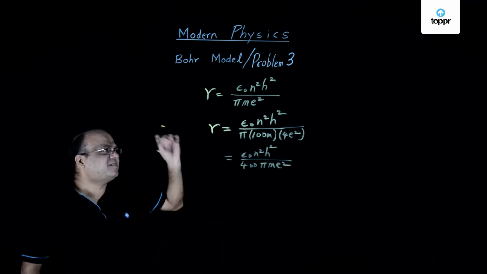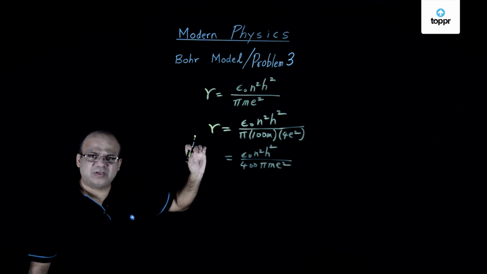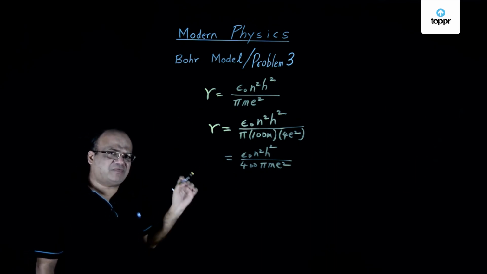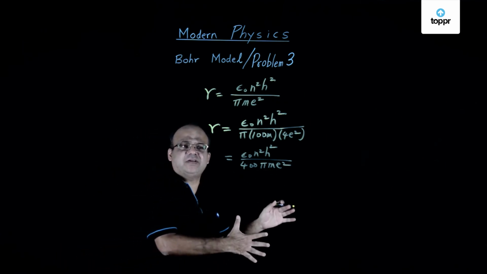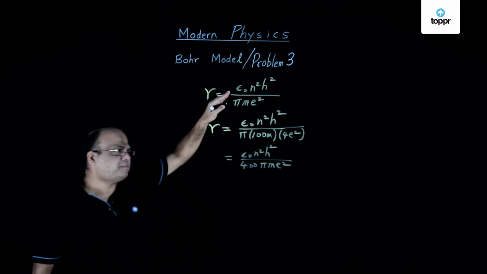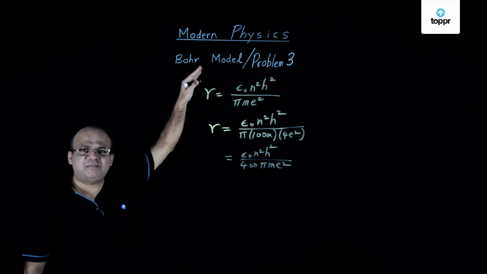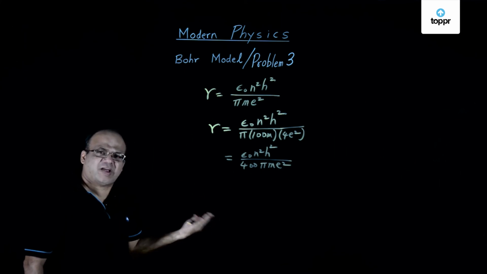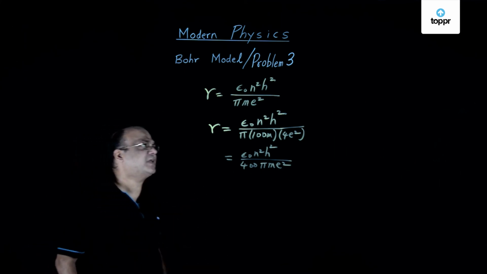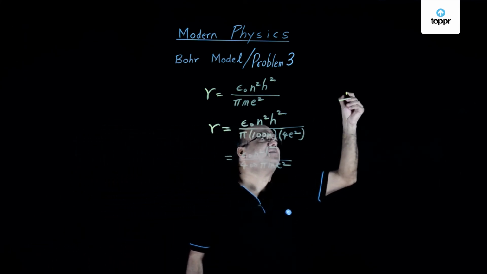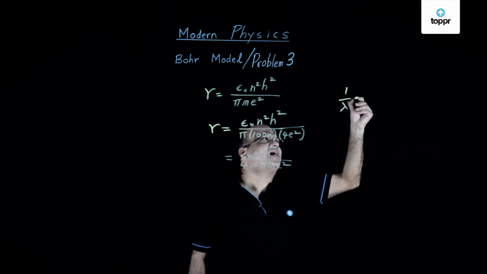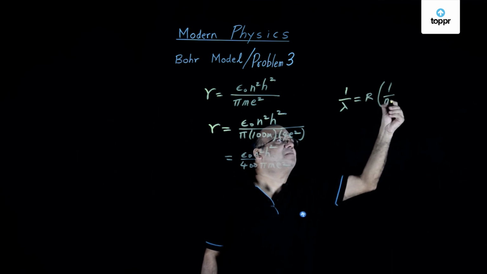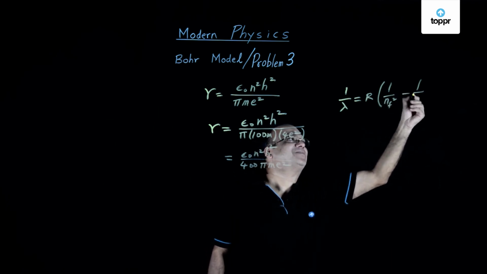Now, the second part of the question is: find the wavelength of the emitted photon when this particle jumps from 4th orbit to 2nd orbit. Suppose this was hydrogen and there are no complications, then 1 by lambda is given by R times 1 by nf square minus 1 by ni square.